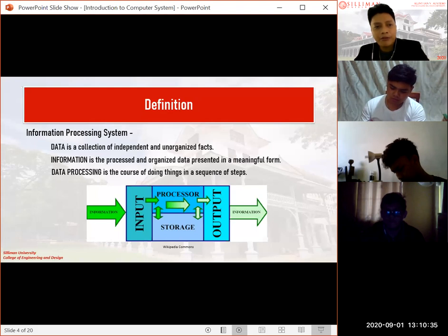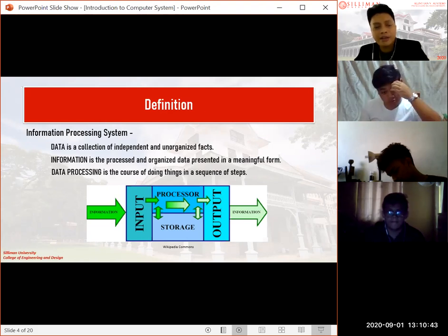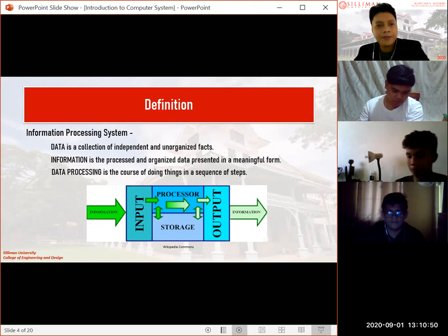So again, an information processing system is transforming data, which is raw, independent fact, into more understandable information for us.